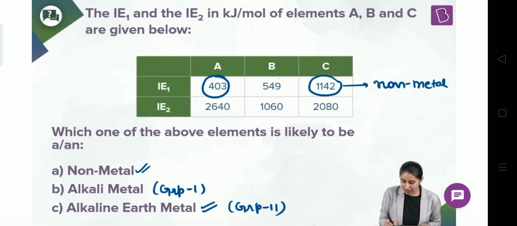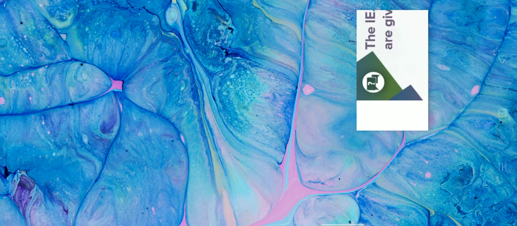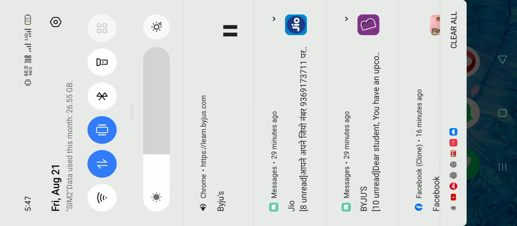Clearly, it's very high, right? Here, IE2 is not very high. It's just double. But here, it is not double. It is more than that. Bingo, right?